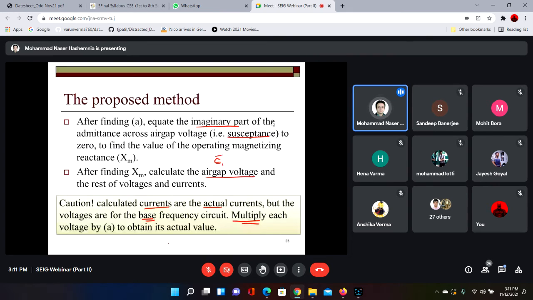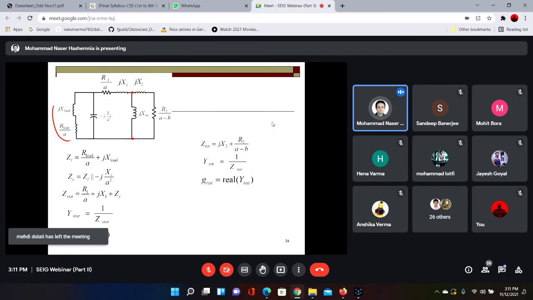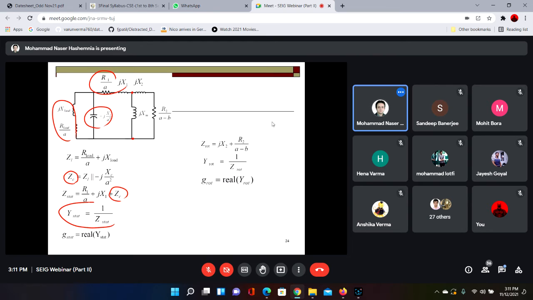And these are simple circuit equations. You come here, R load by A plus jX load. This is the impedance. Then you parallel these two impedances, that is ZC, and then you add ZC to this impedance, and then you divide 1 by this impedance. Then you come to the rotor side, you calculate Z of rotor, 1 by Z of rotor is Y rotor.